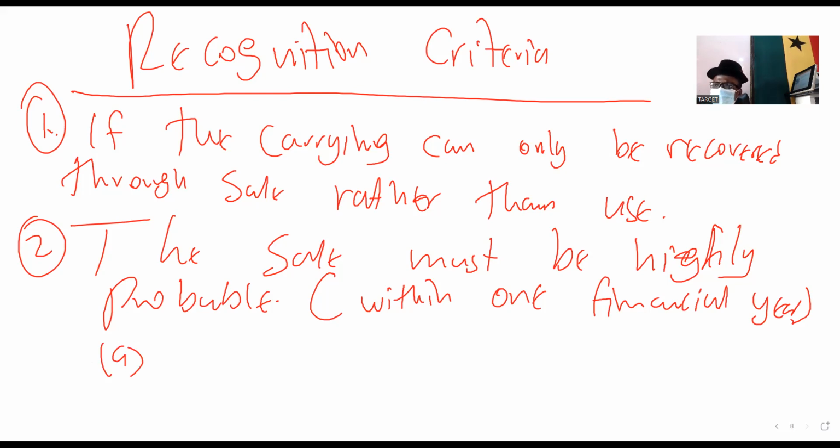For the sale to be highly probable, there are a lot of conditions. Before the sale will be highly probable, the asset must be available for its immediate sale in its present condition, and it's very important.